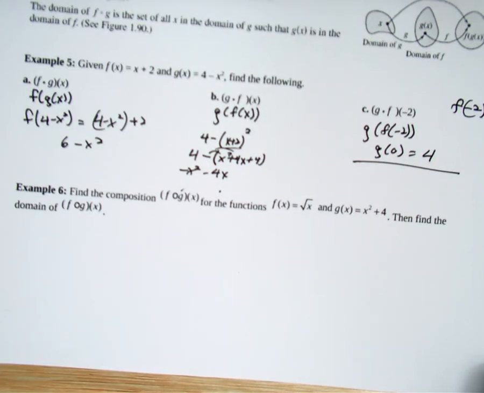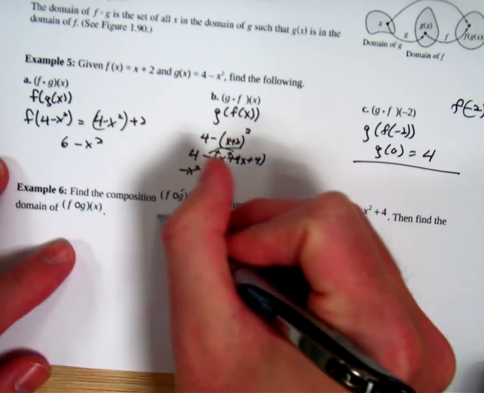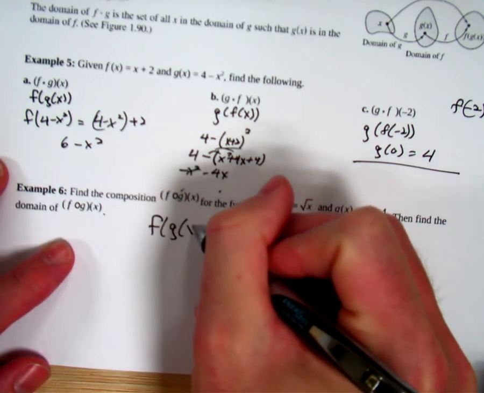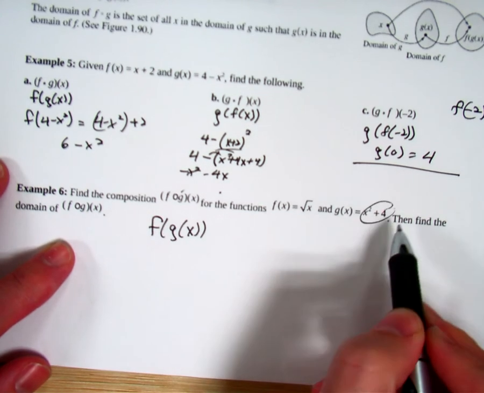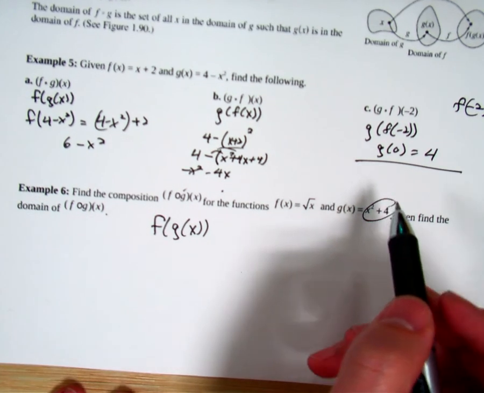Find the composition f of g of x when f of x is the square root of x and g of x equals x squared plus 4. So we want to know f of g of x. I'm taking the g of x equation and putting it in here.